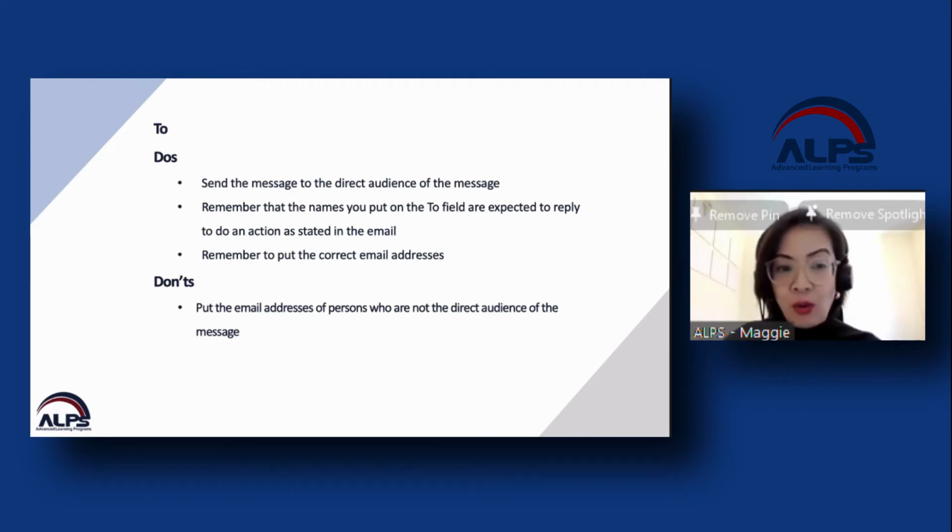If I want her to know about the email that I'm sending Nice, but she's not the intended or the direct audience of my email. Okay, we'll talk about CC later.